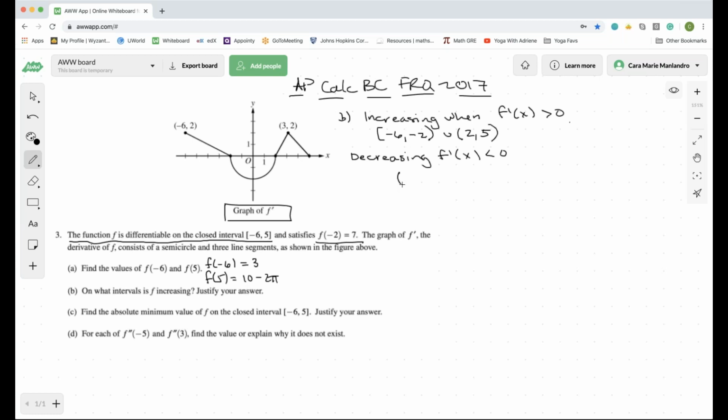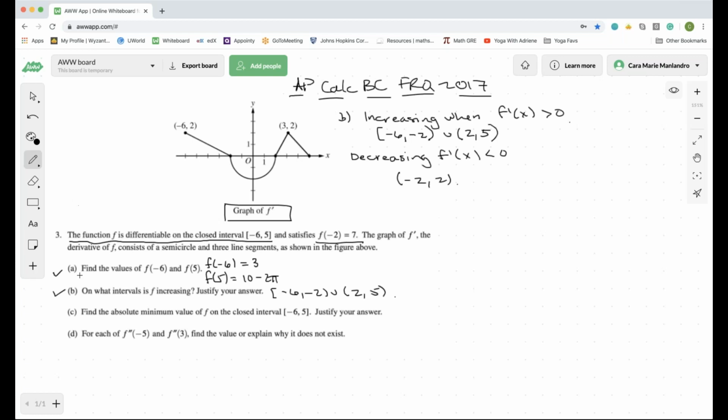Okay, so decreasing from -2 to 2. Okay, and then open because there's 0. This one is closed because it's non-zero. All right, so everybody okay with that question? Devil's in the details a little bit.